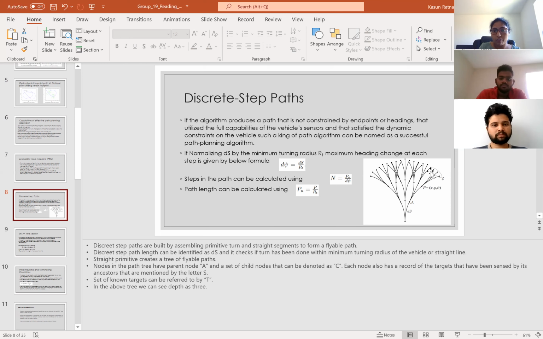So here we have the child level, which is the lowest level. Next we have the parent level, and here we have the parent of the parent, which is A. So we can say depth is 3.